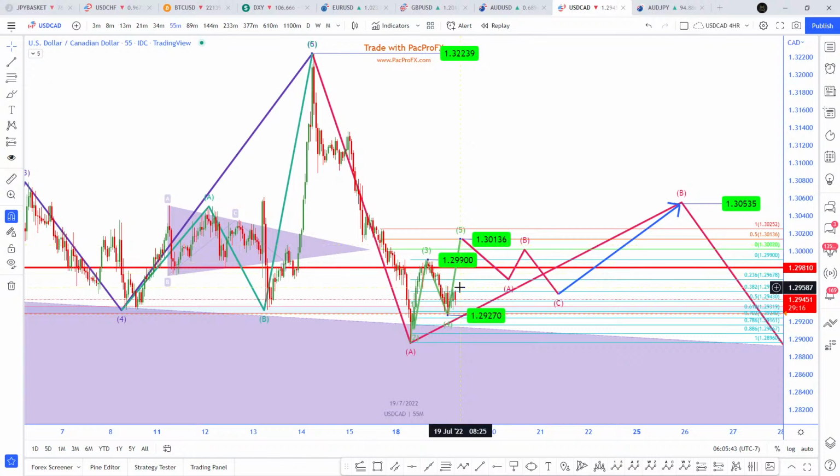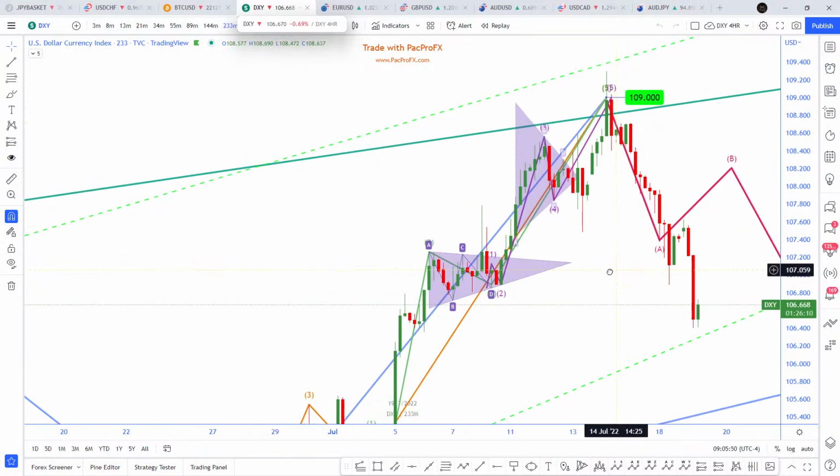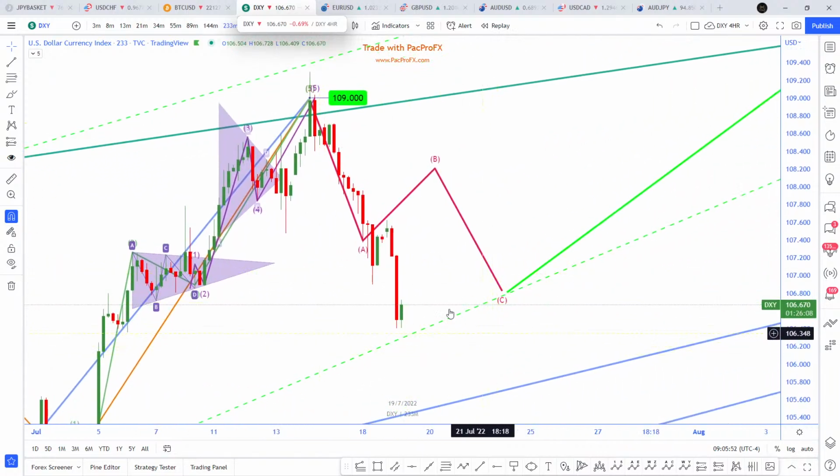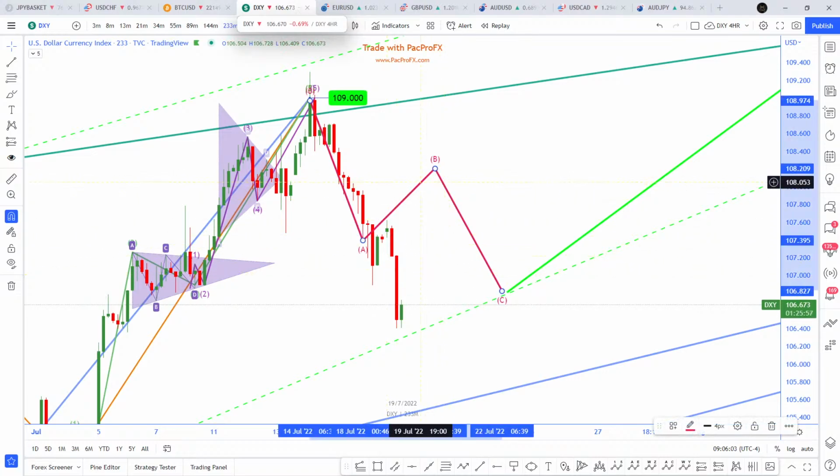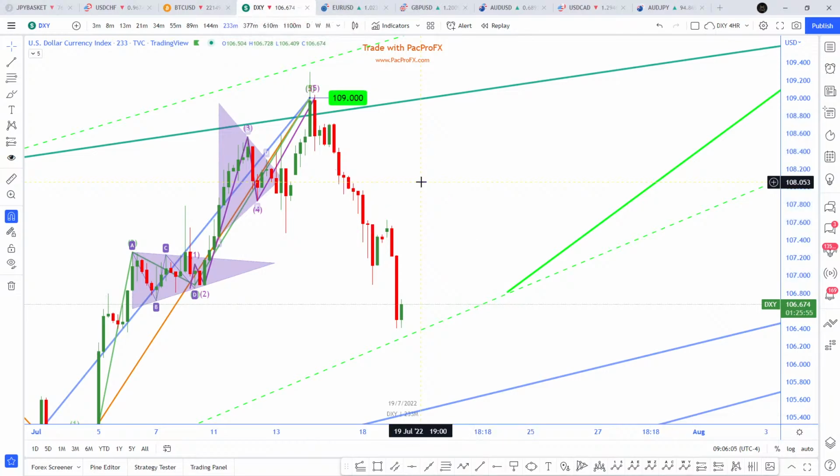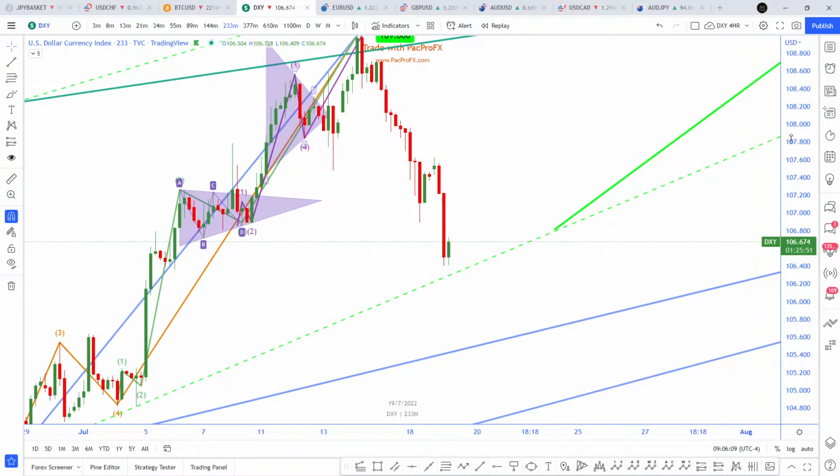Looks like it's pulling up now, and let's go over some of the obvious ones, such as Dixie. Looks like we got a very small pullback here, and the reason being is because this is no longer an ABC. This is now a five wave correction down.